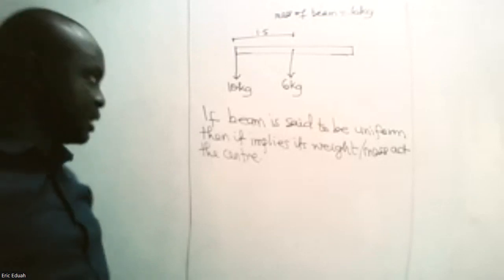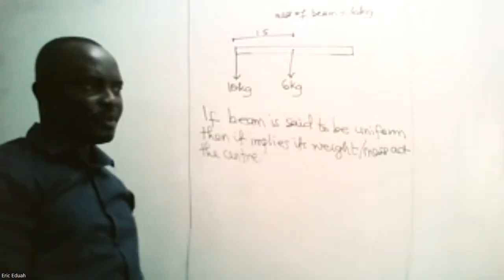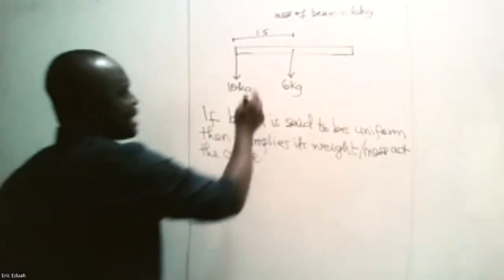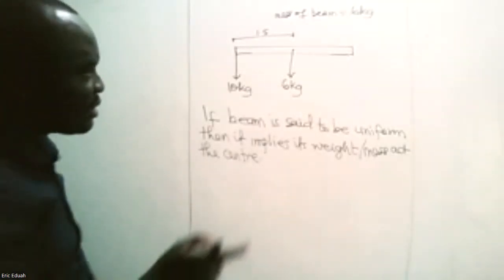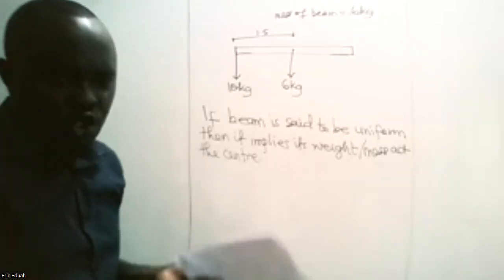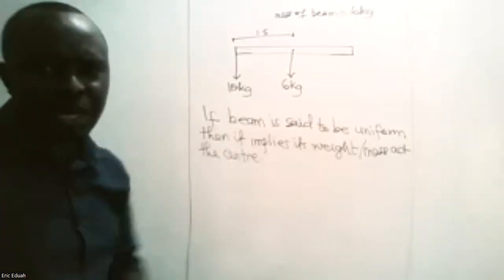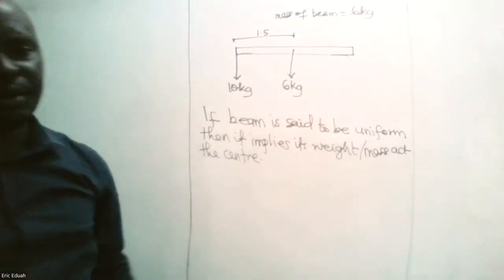Yes. Okay. Now we have to determine where to pivot this to balance. So where do we place the support to balance? Let me pick your views. Where do you think the pivot would have to be placed for the bar to balance when we have these masses acting around?